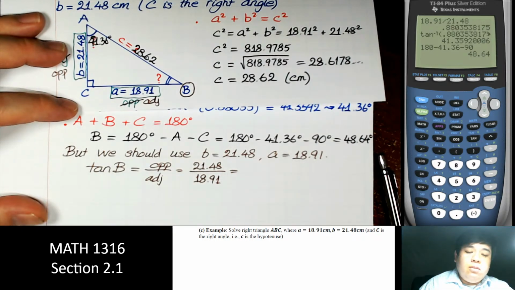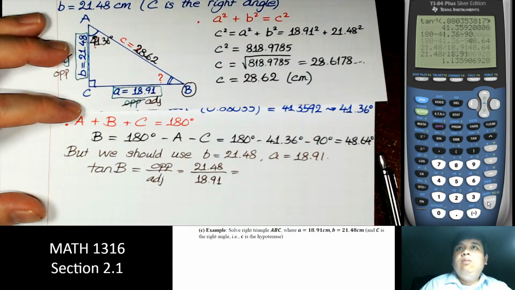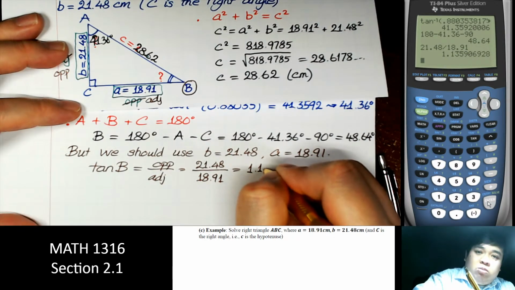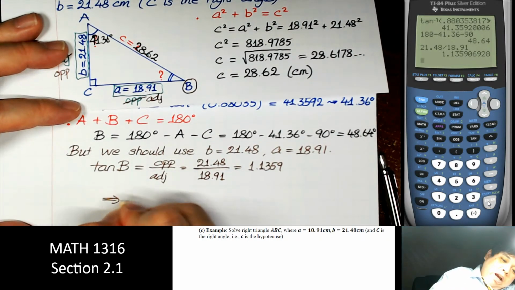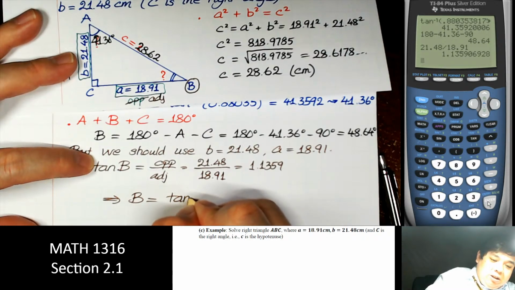So we have to set up the ratio with respect to a certain angle. 21.48 divided by 18.91 is 1.1359. To get back to angle B, we do the tangent inverse.